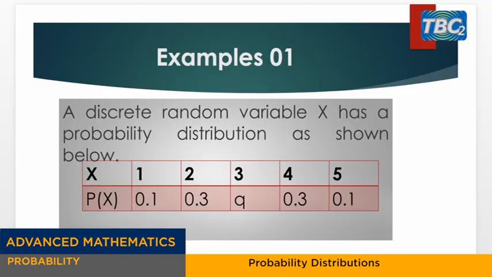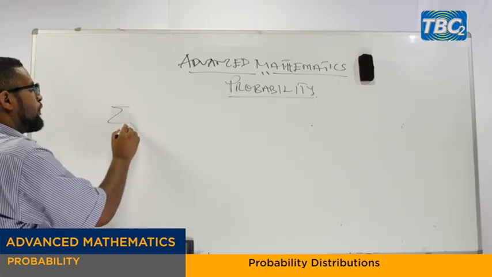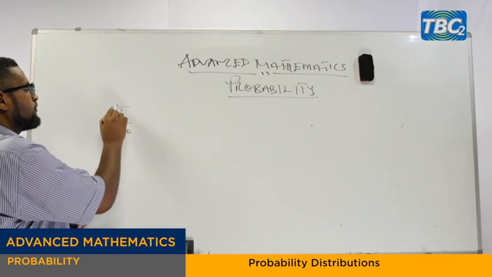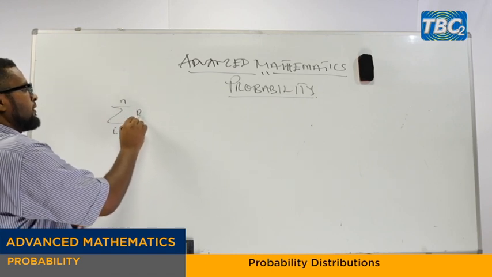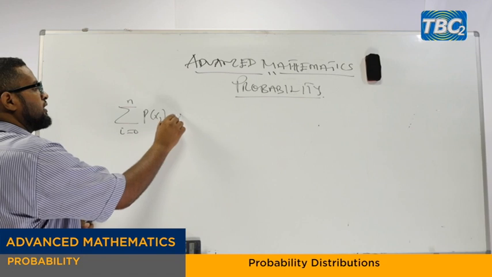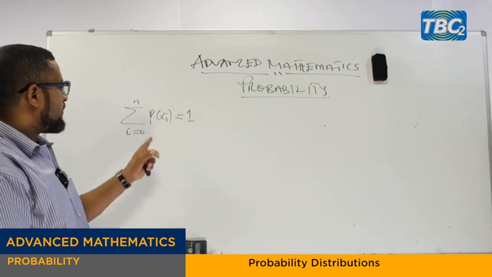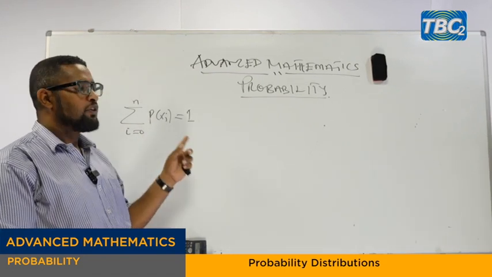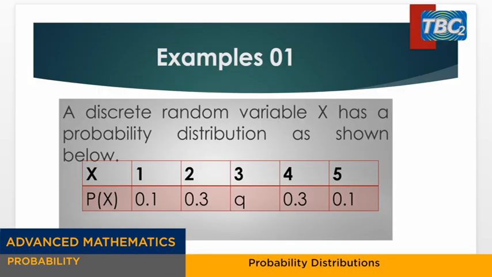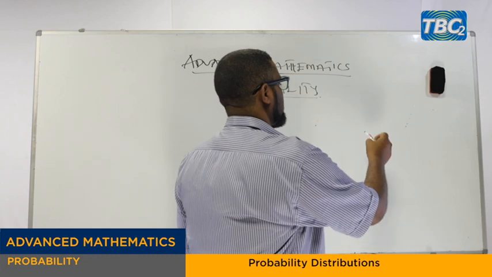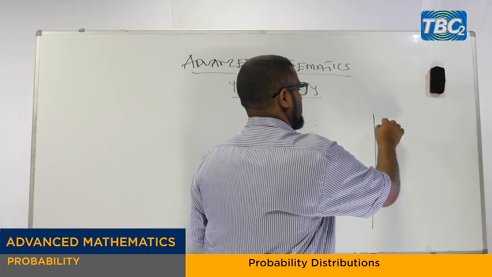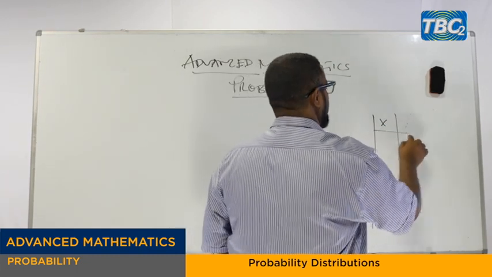Because we are given probabilities, the summation of probability from i equal to 0 gives 1. I stands for those numbers when x is equal to 1, 2, 3, 4, and 5, the variable x and their respective probability.